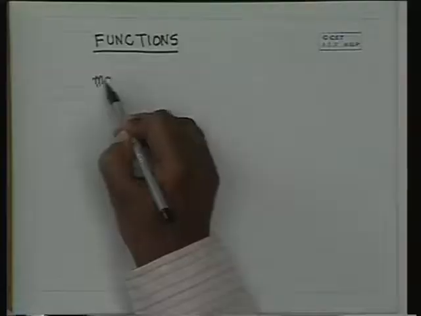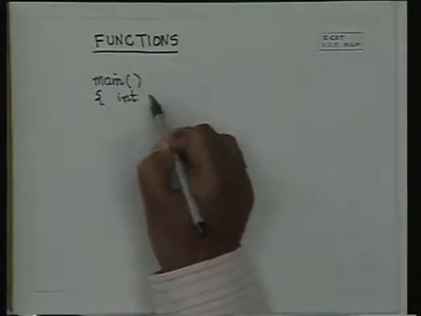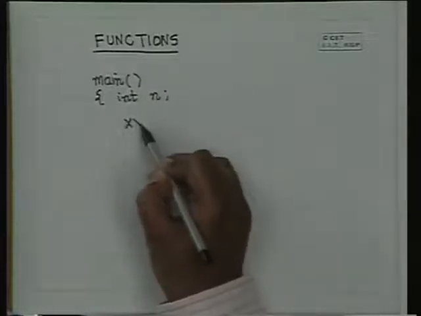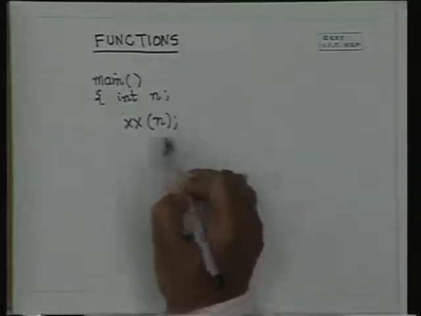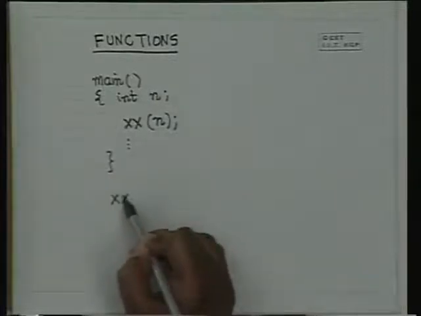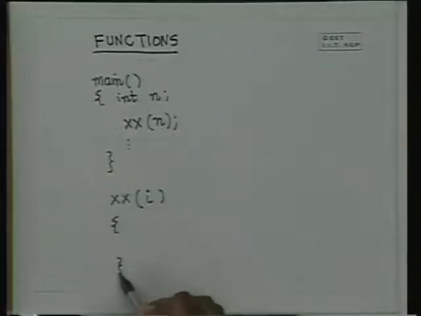Now in any program, we have assumed that we know some programming language like Fortran or BASIC or Pascal, and in all of these languages you can use functions. So in a C program, you will have a main program, and maybe you will have an integer n, and maybe you will call a function, say xx, with argument n, and then do some other things and terminate, and you will declare a function xx with argument I, and then you will do something in this function.